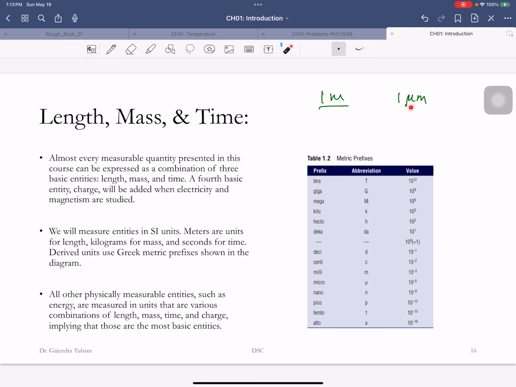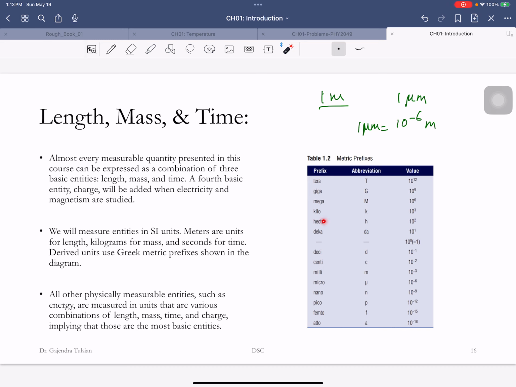This micro is a power of 10. All these prefixes are powers of 10. So 1 micrometer is a millionth of a meter, and this is a good unit to measure the size of a cell.